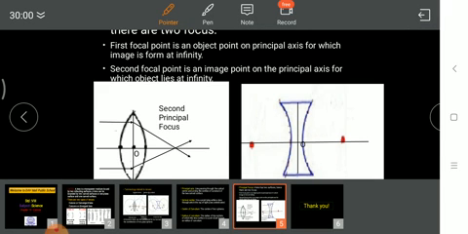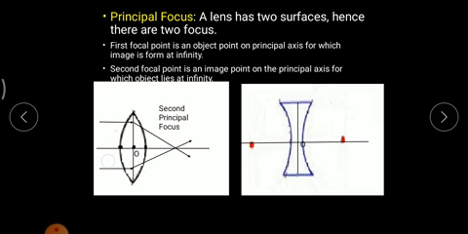So when the incident ray is parallel to the principal axis, for drawing a ray diagram I need to have a minimum of two incident rays. So that's why I am taking two incident rays. First incident ray is parallel to the principal axis. At this point, refraction is occurring and this refracted ray will always pass through the focus.